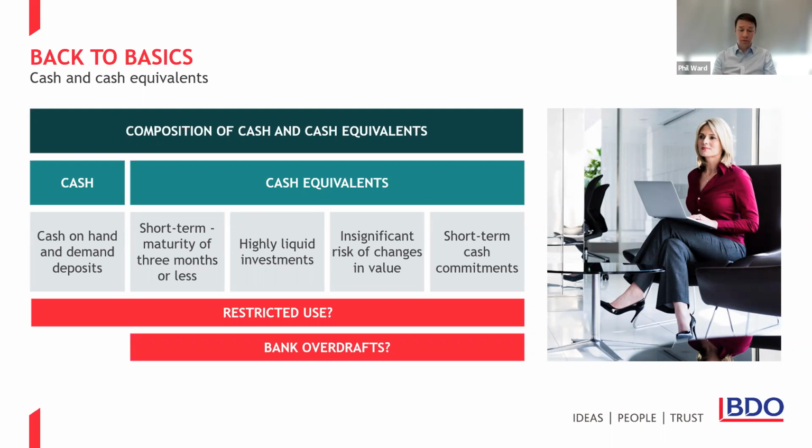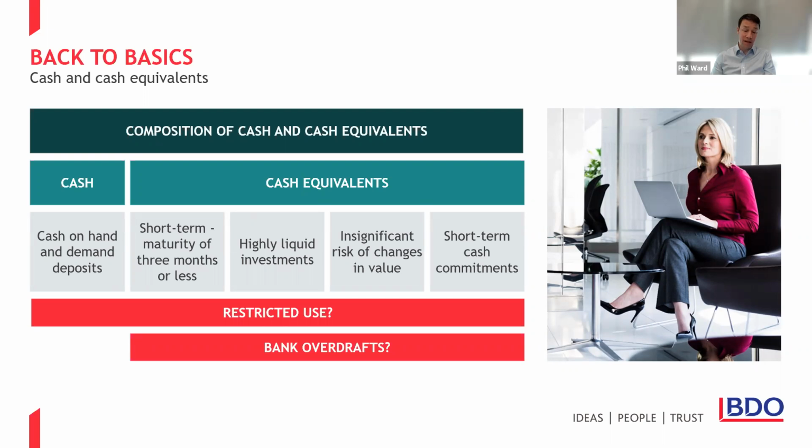It's important to note that even if an investment meets the definition, but is not held for the purposes of meeting short-term cash commitments, it can't be part of your cash equivalents. So if you've got a £10 million deposit investment, even if it's only 90 days or 60 days, if it's always there, £10 million, it isn't used as part of your cash management, it isn't going to be a cash equivalent, it's going to be a current asset investment.